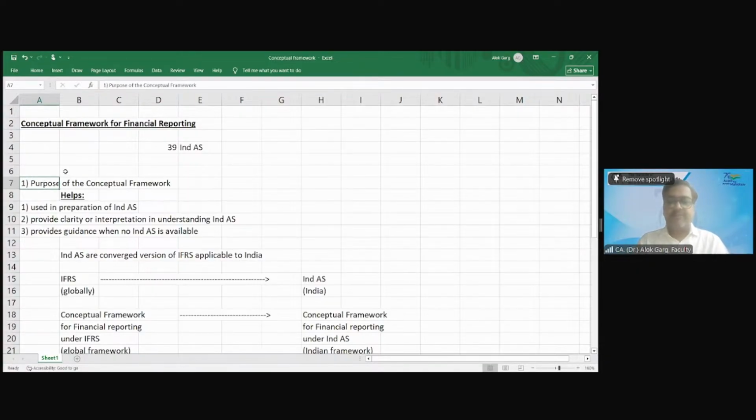And what is the purpose of the conceptual framework? It is used in the preparation of Ind AS. This is the purpose.